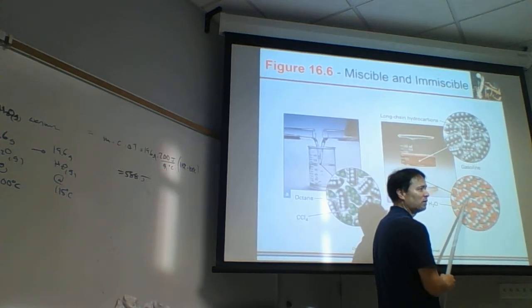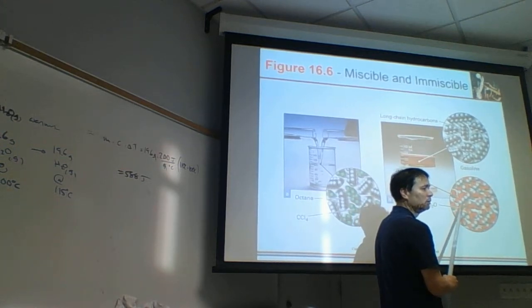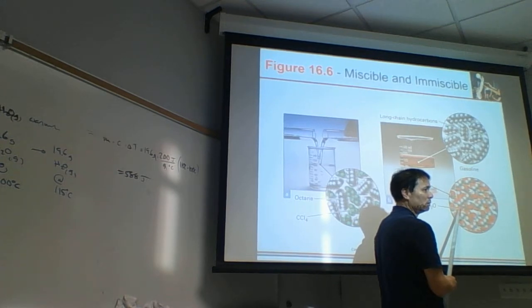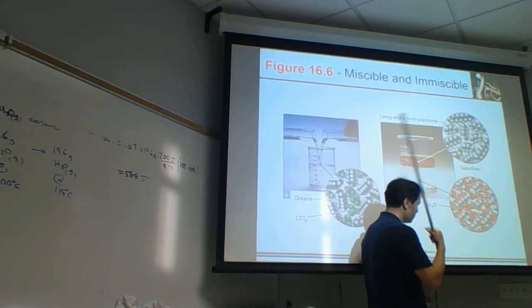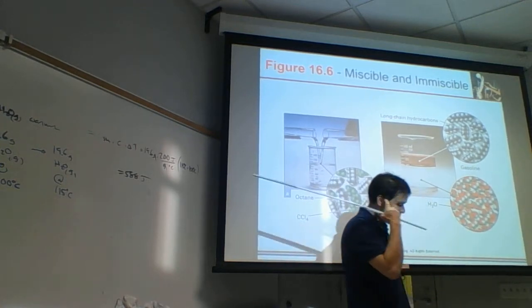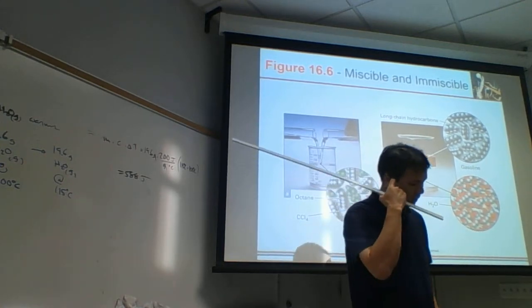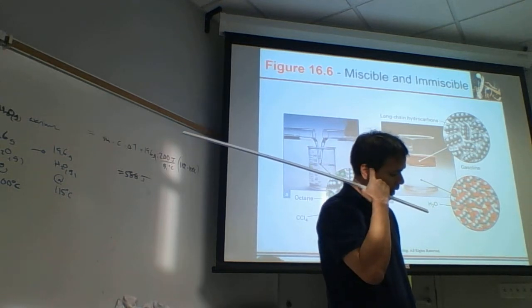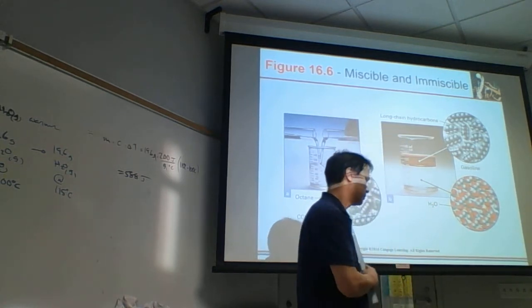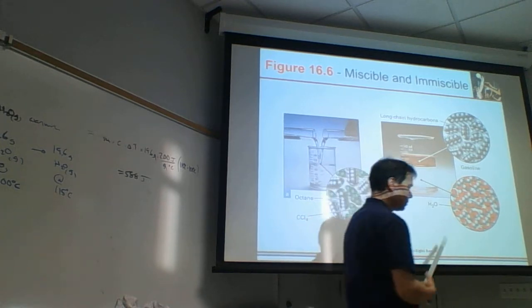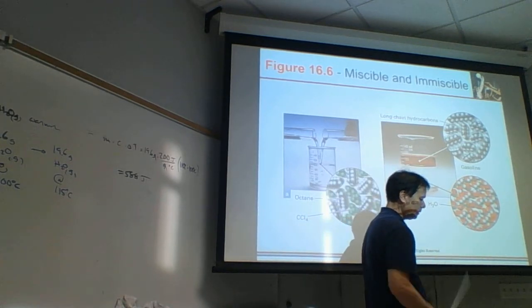Water has a very, very big permanent dipole called hydrogen bonding. So water has hydrogen bonding interactions. And so the rule for solubility for molecular compounds is very simple. Like dissolves like. Temporary dipoles like temporary dipoles, permanent dipoles like permanent dipoles.